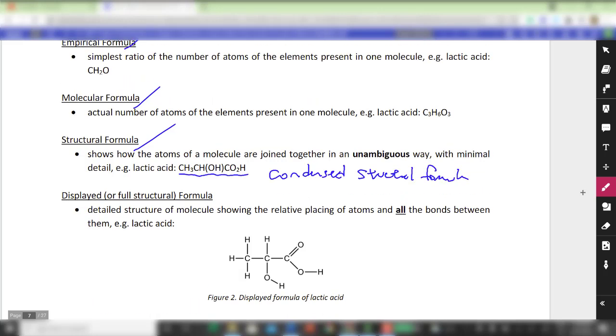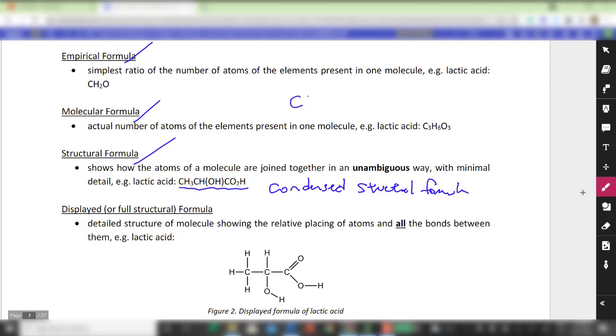Some students will ask, is it okay to write like this? Let's say I give a partial display. If you want to call it a partial display, it shouldn't be called a display formula. You just call it another kind of structural formula.